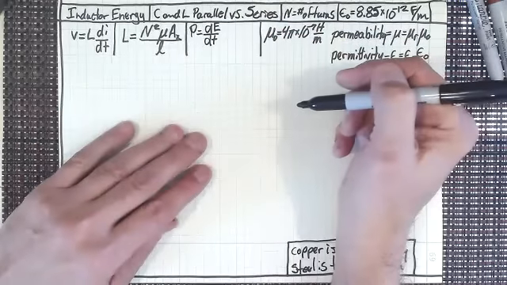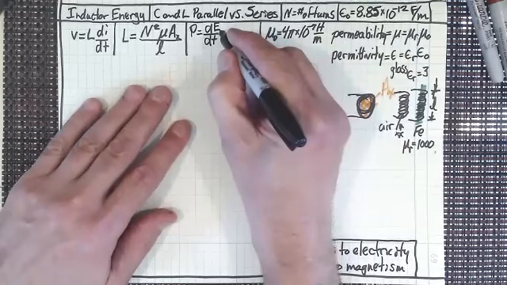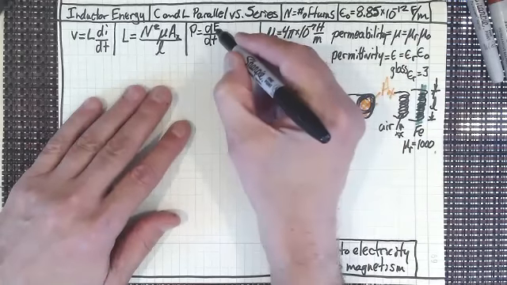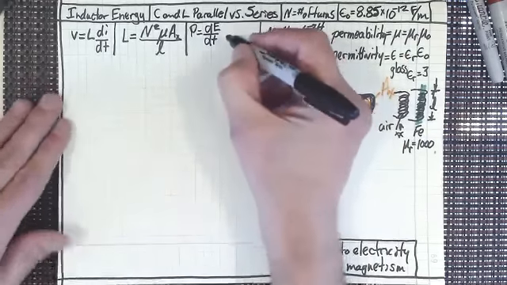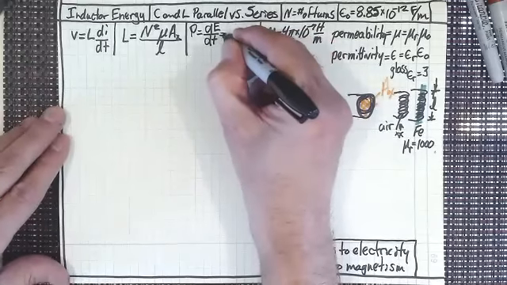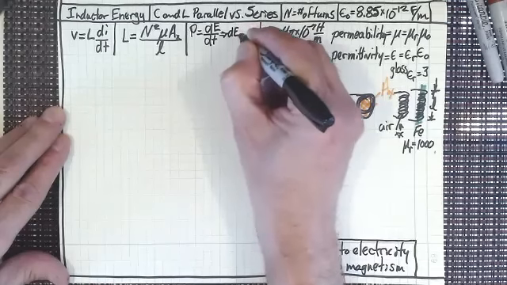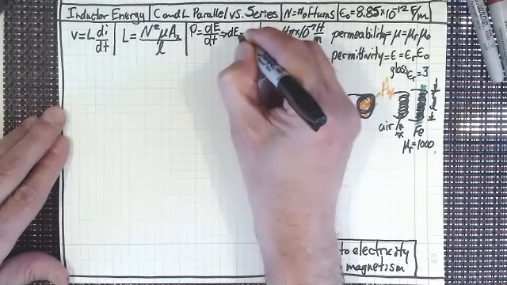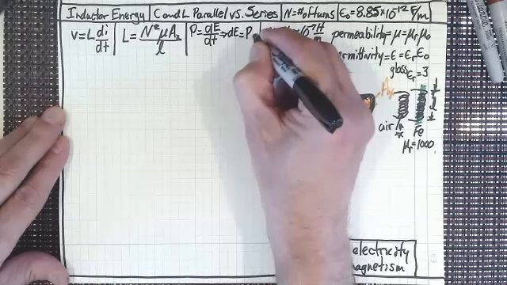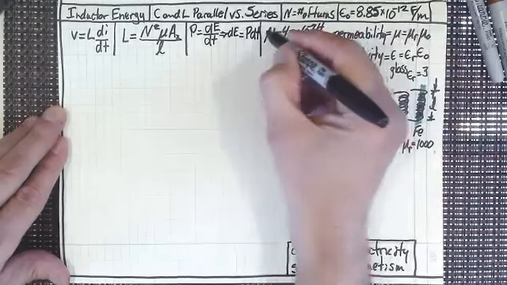So we know that that's going to be power. If we want to solve that for energy, then we could say that the change in energy is going to be equal to the power times the change in time, right?